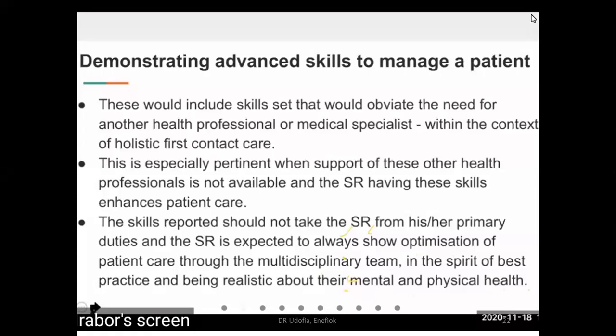And the skills reported should not take you out from your primary duty. That's the most important thing. Whatever case you report, no matter how complex or how little it is, it should not take you out from the family medicine discipline. Make sure you use the tools, use the various interventions, the family medicine intervention methods.